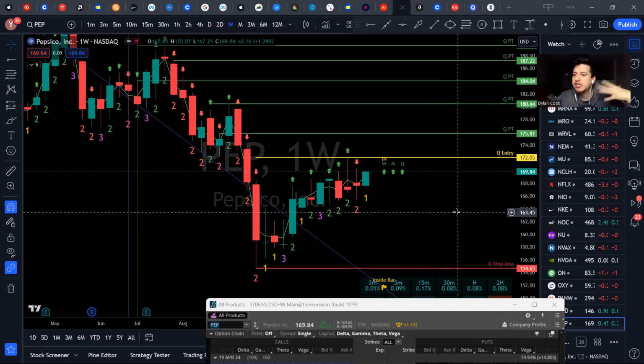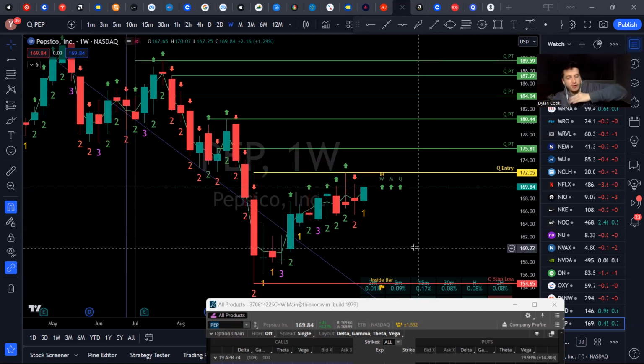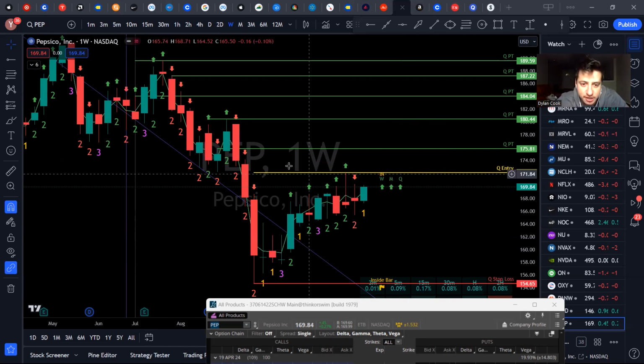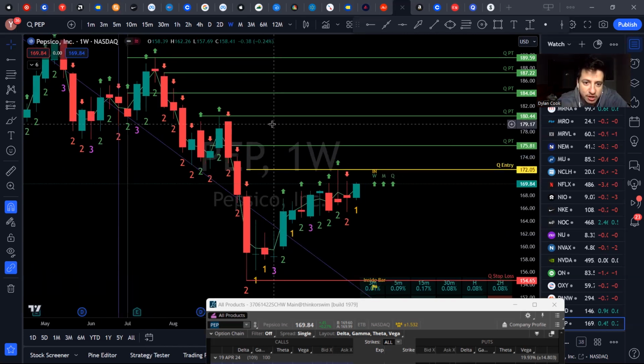We saw that it wasn't just clear steps. Like, hey, it just went straight down or just went straight up and created candle bars that are easy to take steps on. This one did not do that. So by going into the weekly, we can see our first PT is going to be here, where all this price action ran through. Week after week, 1 week, 2 week, 3 week, 4 week, 5 weeks, 6 weeks, it all went through this price.